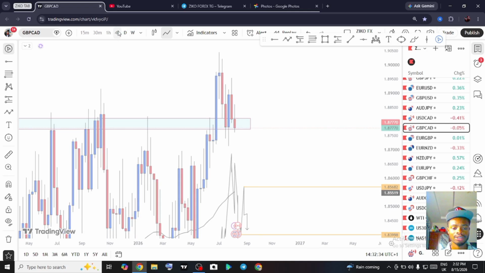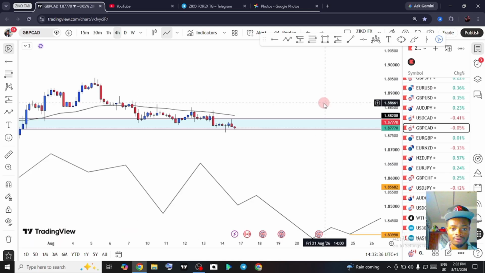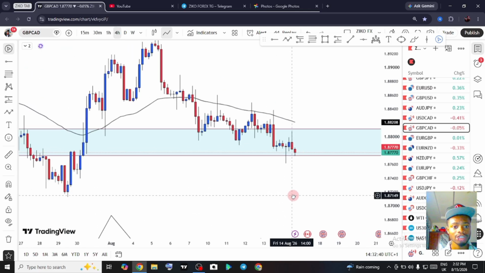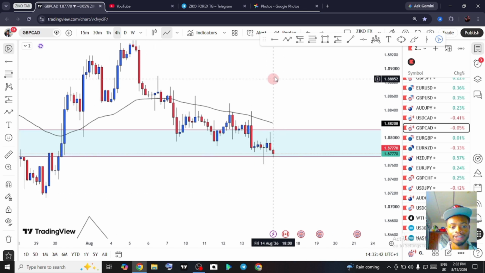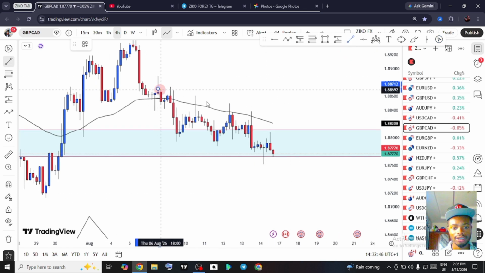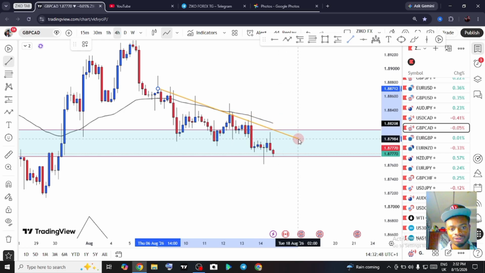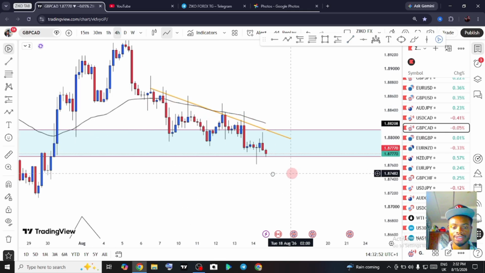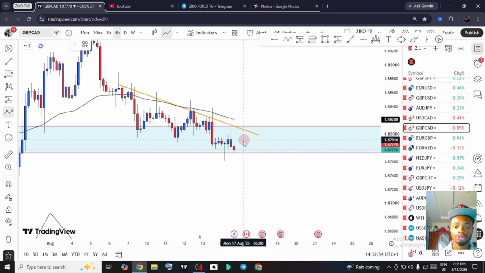Now let's go over to the 4-hour. All right, 4-hour is currently bearish, right? You can tell that from an inverse trend line going to the downside, or you can tell that from the EMA pretty much trending to the downside. Now, because we're looking to buy, we need price to start breaking structure to the upside, right?